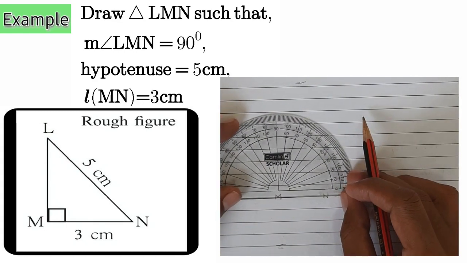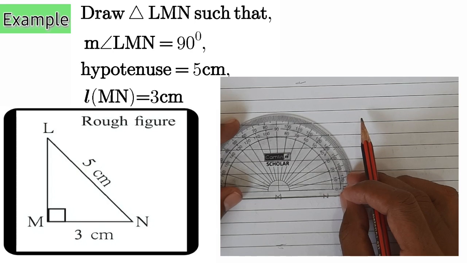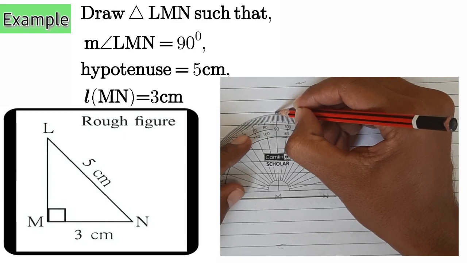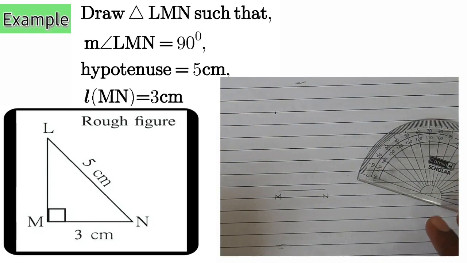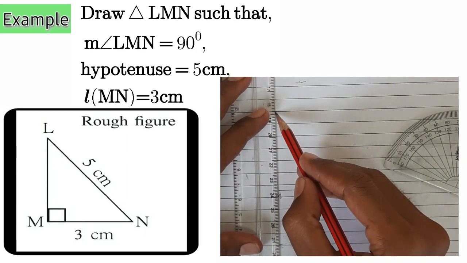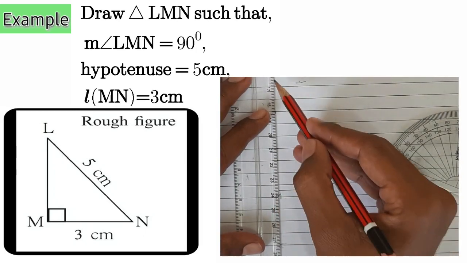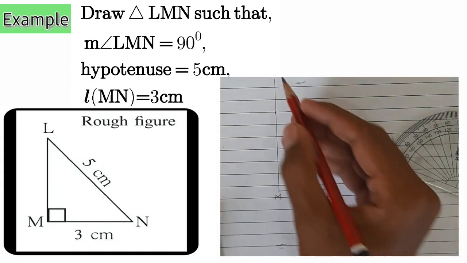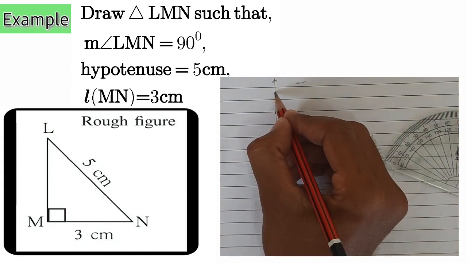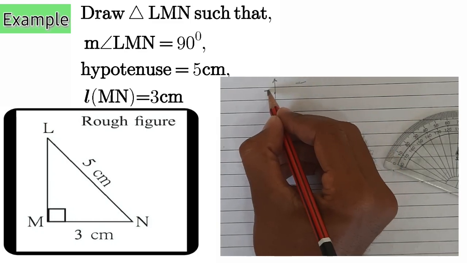Take a protractor, measure 90 degree and mark here. Join the 2 points and draw a ray. Now take a point here on the ray and name it as T.